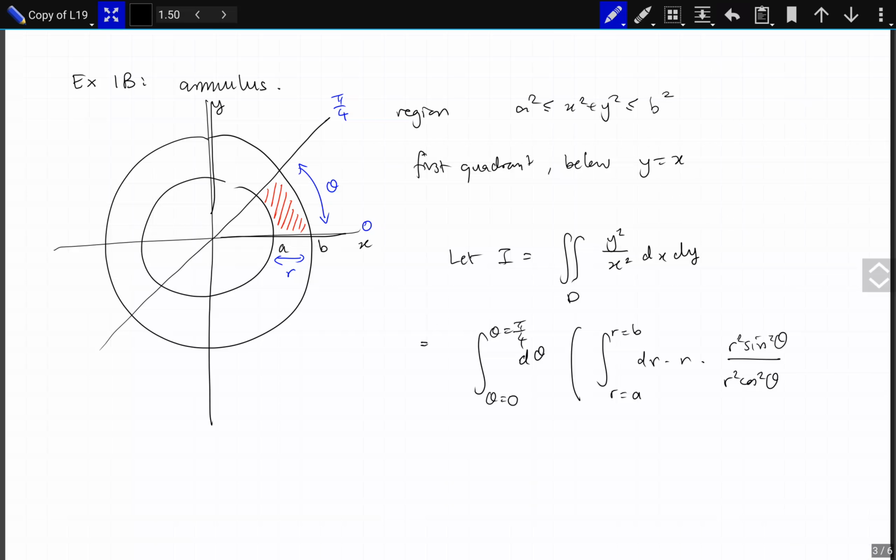And this whole thing here is r tan squared theta.